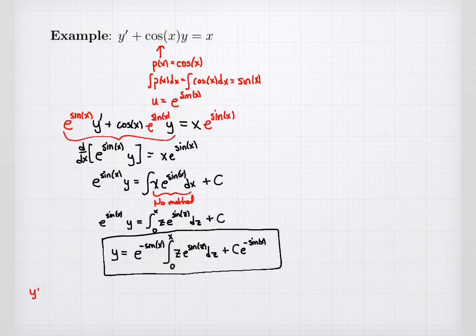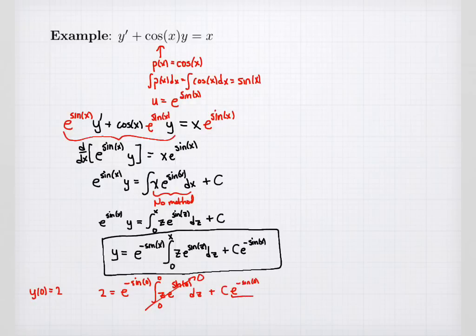If I had y of 0 was 2, for example, then my equation would be 2 equals e to the negative sine of 0, integral from 0 to 0 of z e to the sine of z dz, and this whole thing is 0, plus c e to the negative sine of 0.